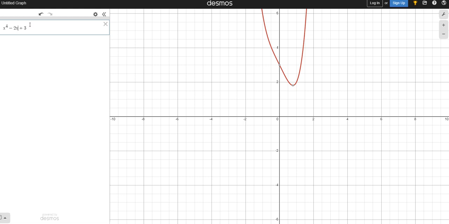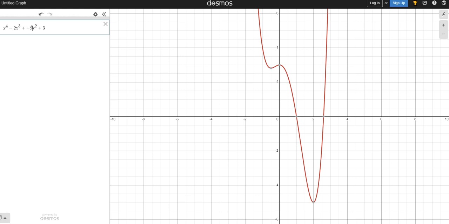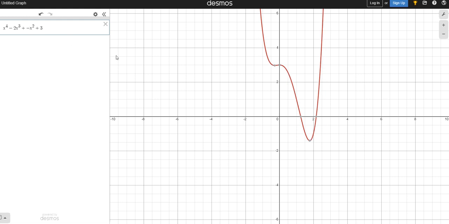And I can maybe spice it up a little bit. Let's do maybe x to the third. Ooh, there's a fun looking graph. Plus x squared. Maybe minus 2x squared. Let's just do minus x squared.